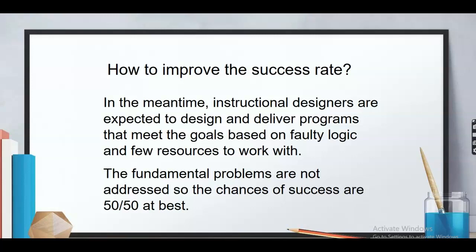Well, in the meantime, what a lot of schools and enterprises, the universities, etc., do is engage instructional designers who are expected to design great and deliver fantastic programs that meet the goals based on a not-so-sound logic and with few resources for them to work with.